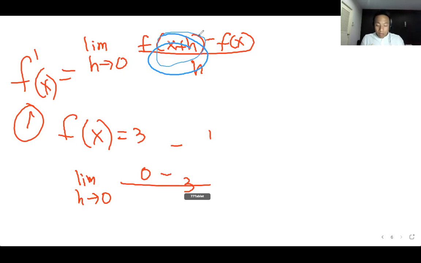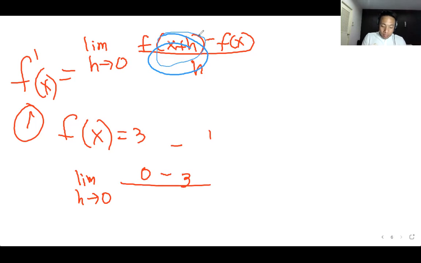Correct? So yung f of x dito is yung ating mismong given, 3. So that will be our first two.